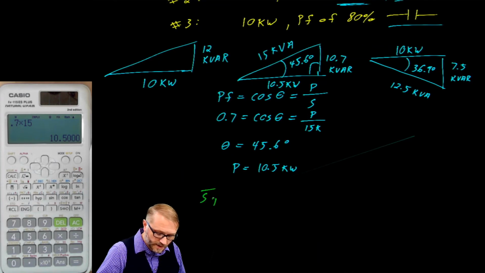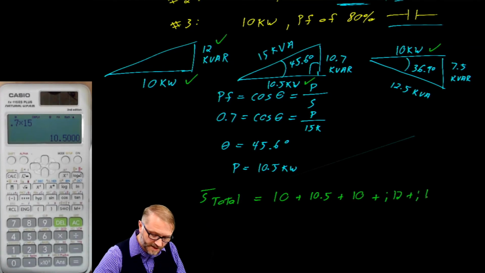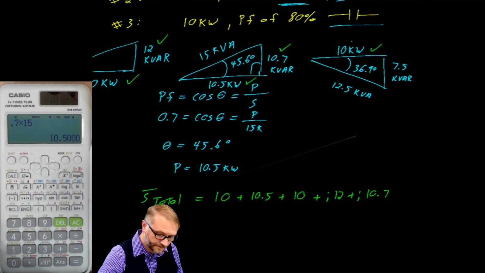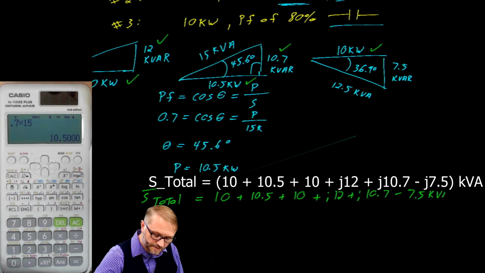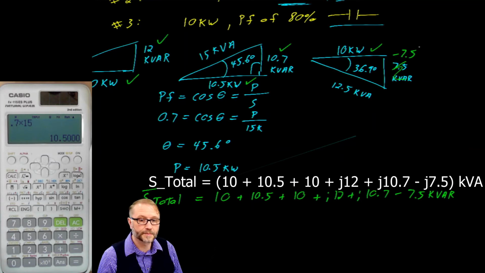The total complex power is equal to 10 plus 10.5 plus 10 plus J12 plus J10.7 minus 7.5 kVAR. I suppose we could have written this as minus 7.5, would have been more appropriate.